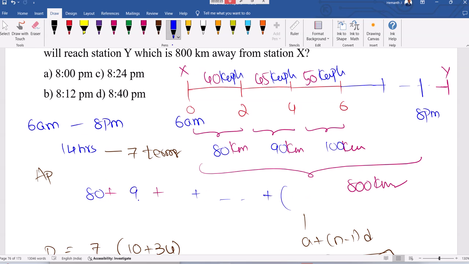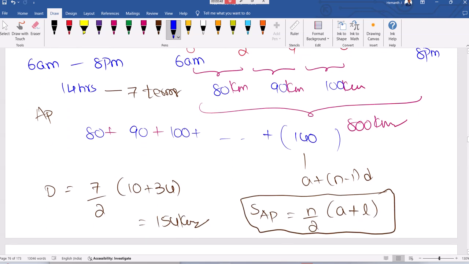Here it will be a plus n minus 1 into d: 80 plus 60, 140. Number of terms divided by 2 into first term plus last term. 110 into 7, 770 kilometers completed. But our target is 800.